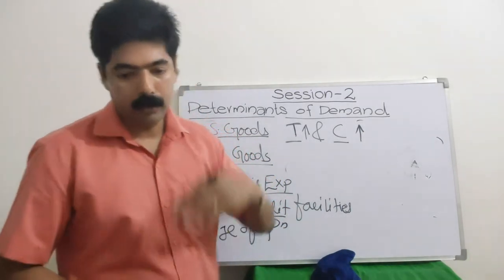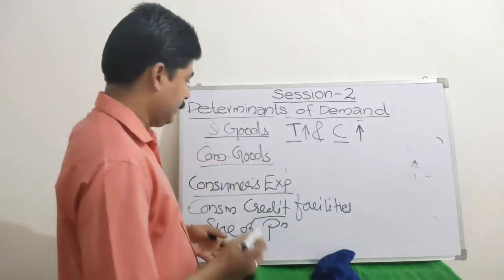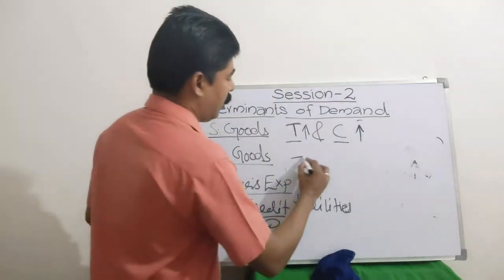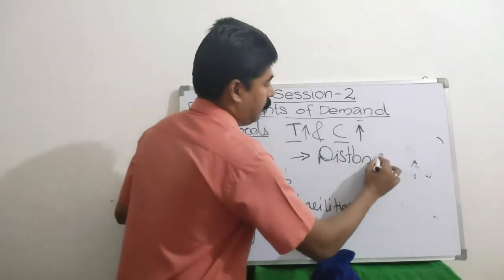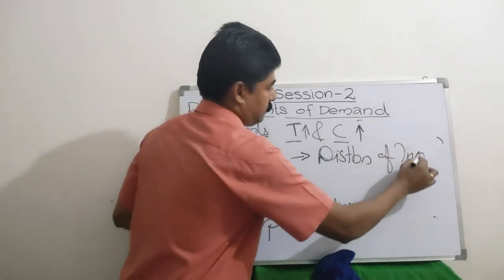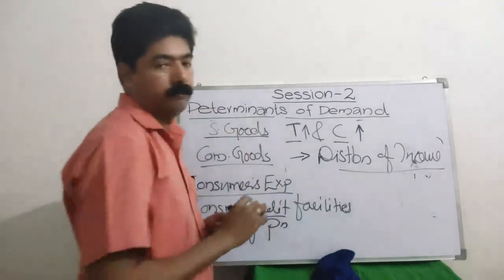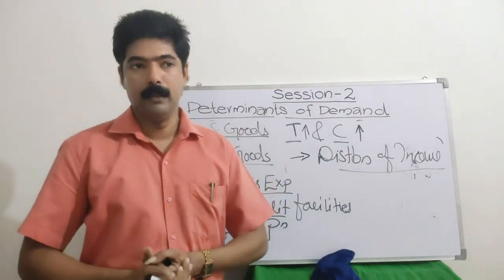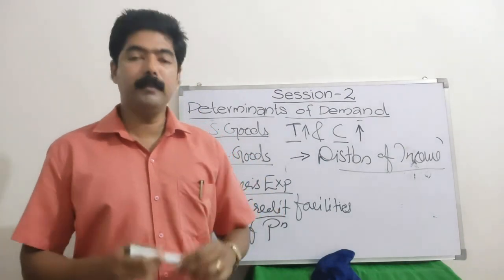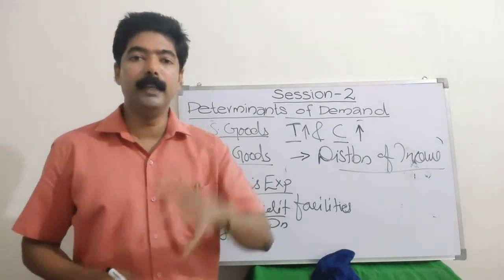Okay. Then we go to another point, that is distribution of income. You can write distribution of income. In what way is income distributed among us? It is very clear that income is not distributed equally among us. Why?